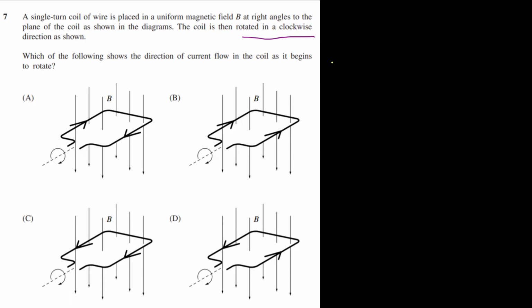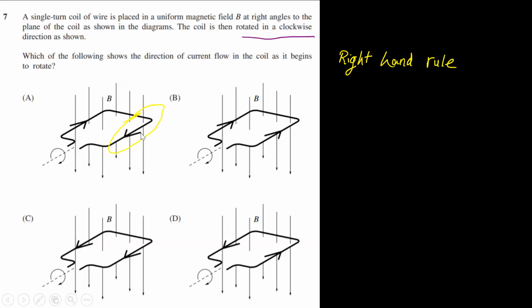Definitely we know we need to use the right hand rule. How can we use it? If we consider the magnetic field is on the page, the force on the right side wire, I mean this wire, is into the page.